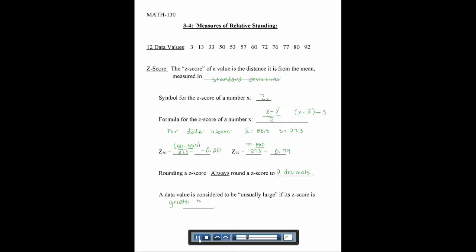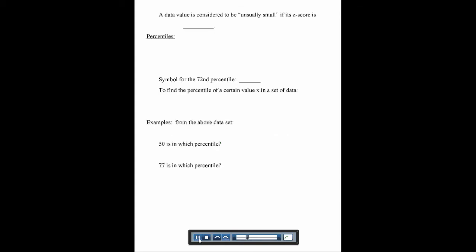And a value is considered unusually small if its z-score is less than negative 2. So if you look at a value and you find its z-score and its z-score is 3, then that would be unusually large because it's greater than 2. Now if you take a different number and its z-score is negative 5, then it would be unusually small. Anything that has a z-score between negative 2 and 2 would be considered usual.